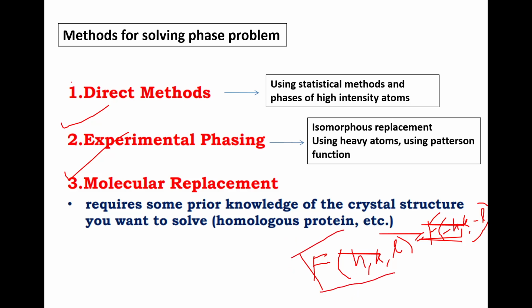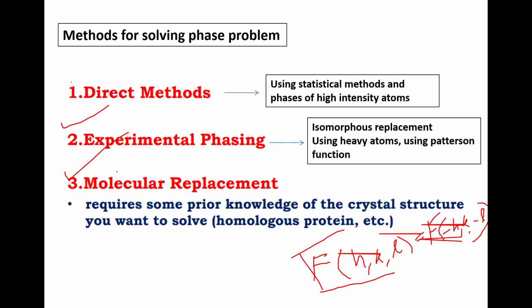But when you impart a heterologous atom inside the crystal, this condition sometimes does not hold. There is anomalous scattering, or anomalous diffraction, going on because of these heavy atoms.